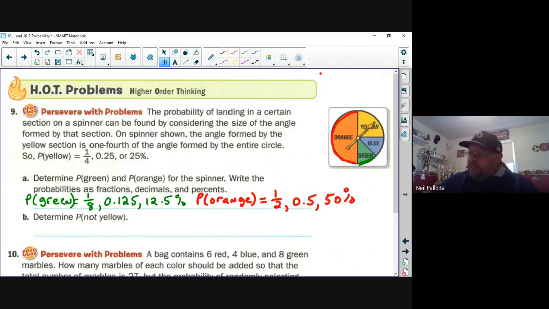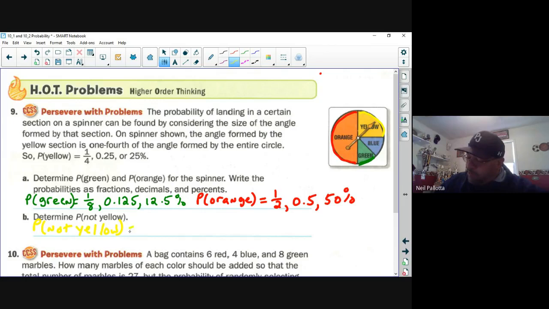Part B asks us to determine the probability of not yellow. Even though I'm using the color yellow here, what's the probability of not yellow? Well, let's think about that for a second. Here's the yellow section, that's 1/4. What's the complement of 1/4?